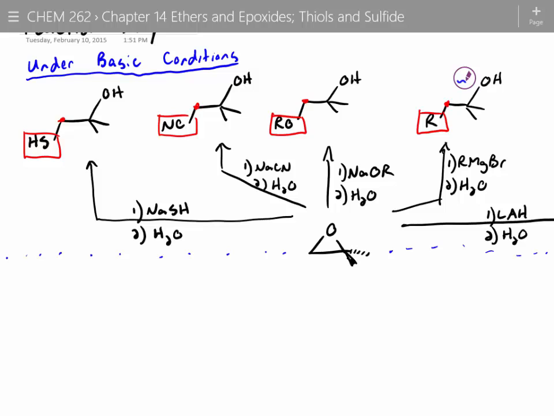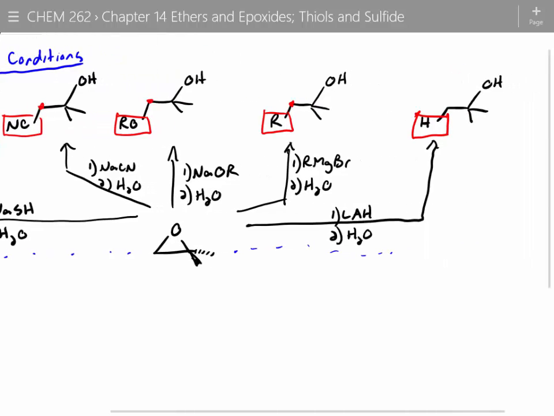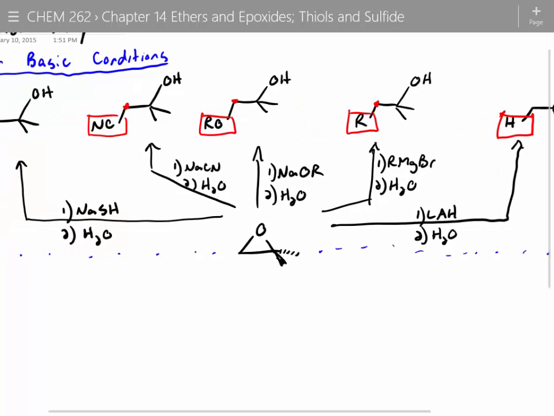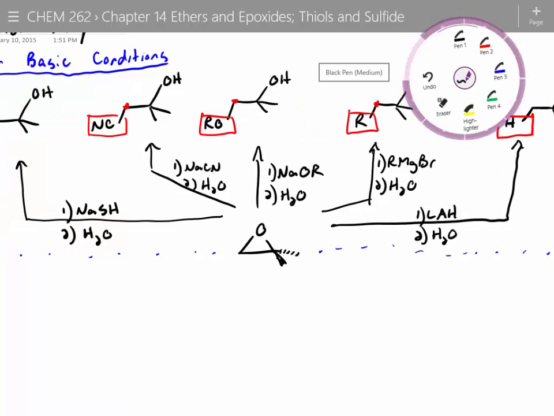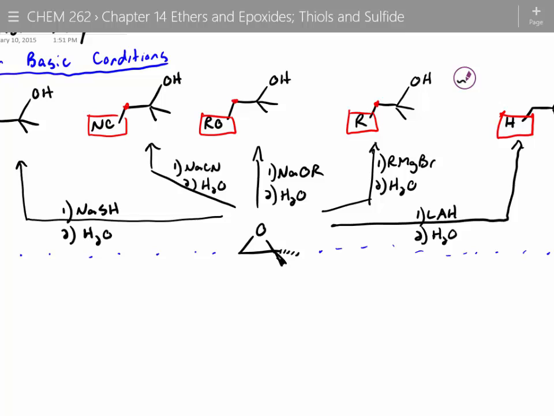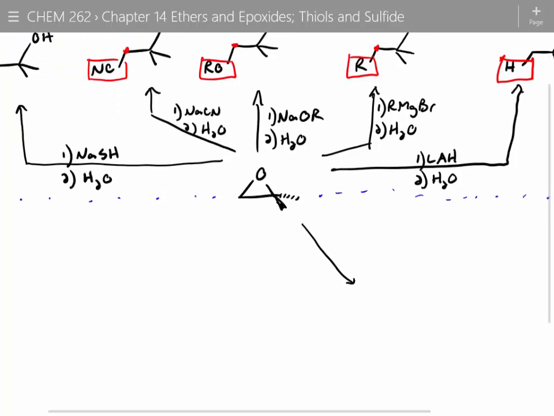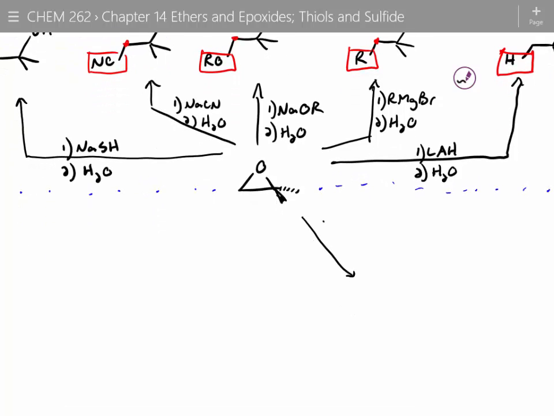All right, now let's put a dotted line across the page. So everything north of the dotted line is under basic conditions. And now we'll do some under acidic conditions below. So the first step, if we're doing it under acidic conditions, is to do our protonation.